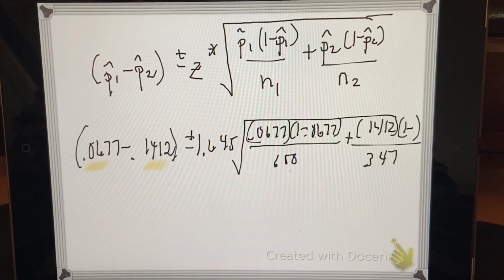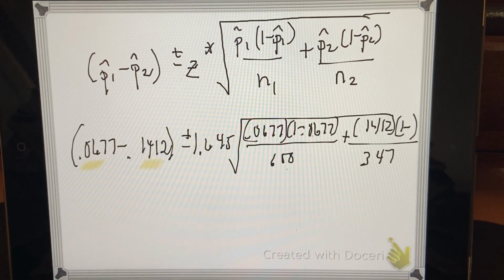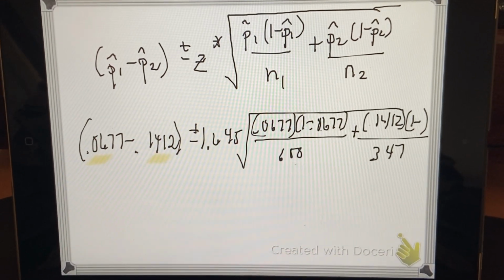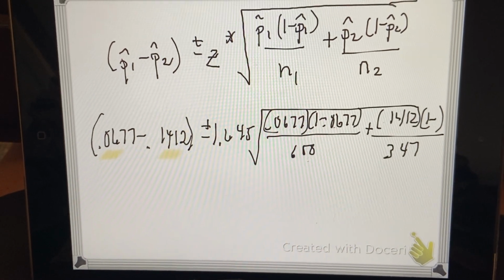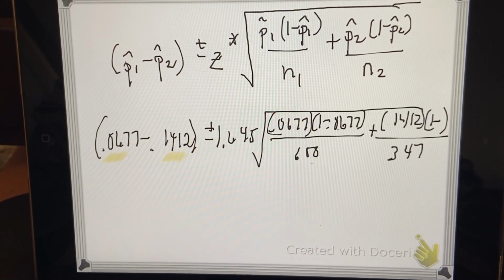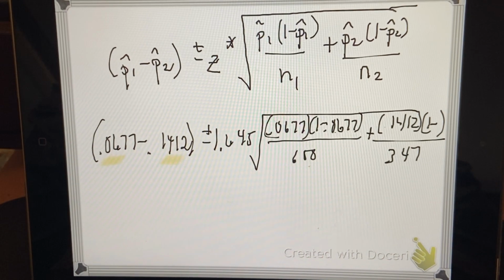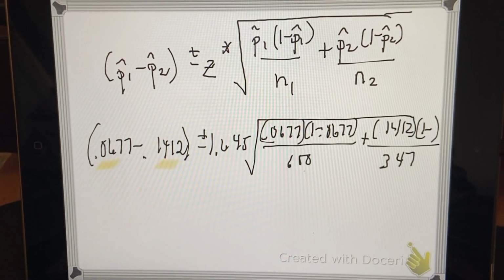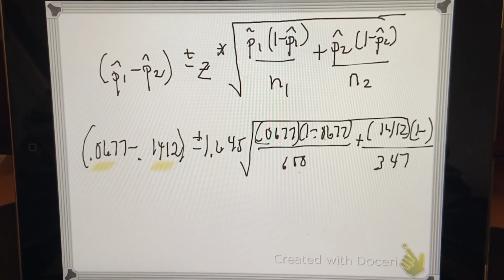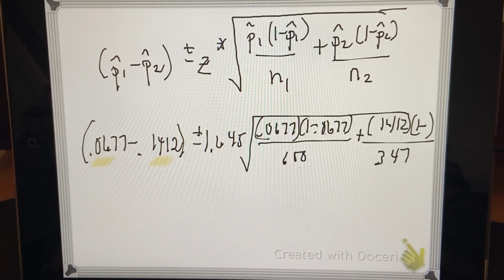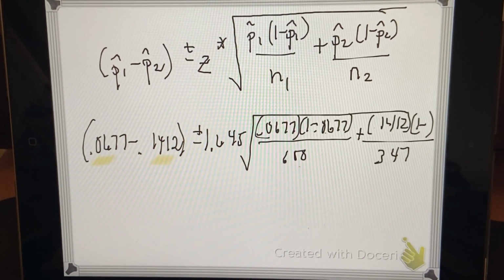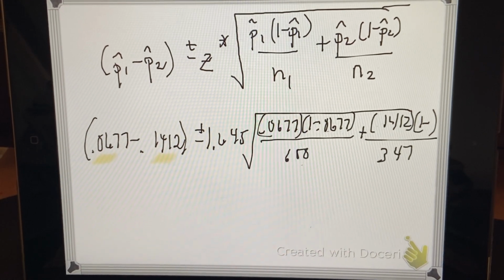Okay, so you're going to go to your calculator, and you're going to get two proportion Z interval. Okay, where is it? When you go to your calculator, it's letter B. And the cool part is it already has your X1, N1, X2, N2.